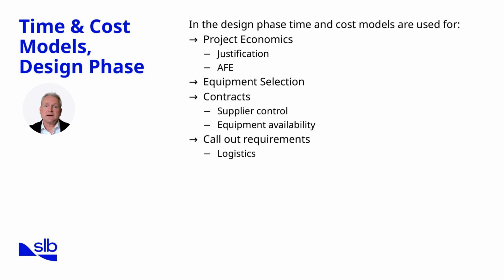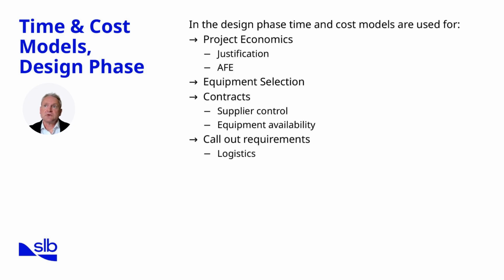Supplier control and equipment availability are not left to chance. The models give a structured basis for negotiating terms and planning logistics. For example, they may highlight the need to secure casing strings early due to supply chain constraints. Call-out requirements are also embedded. Logistics planning, such as when to mobilize mud systems or additional rigs, becomes predictable rather than reactive.